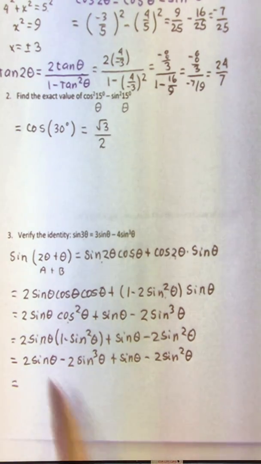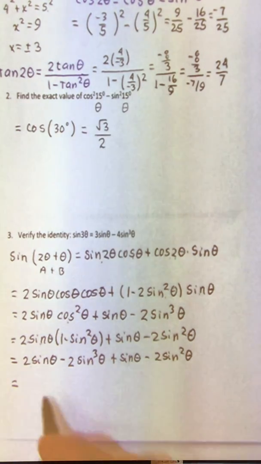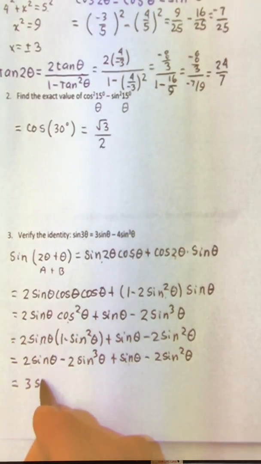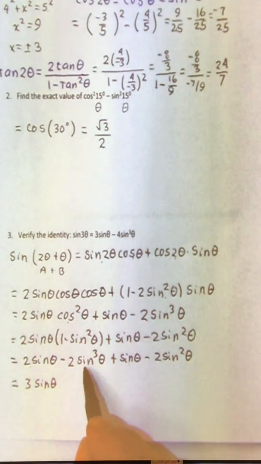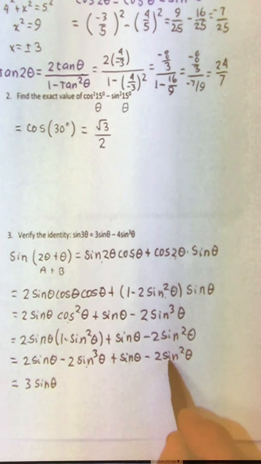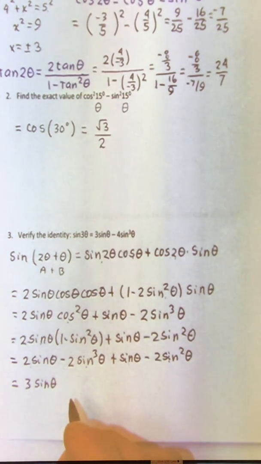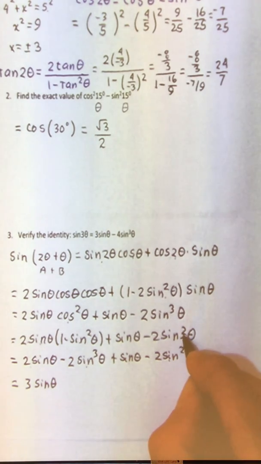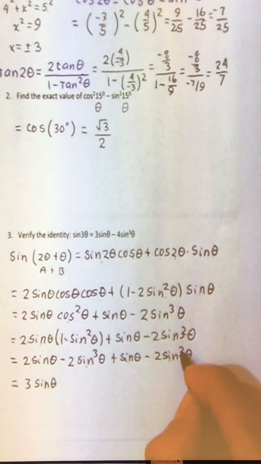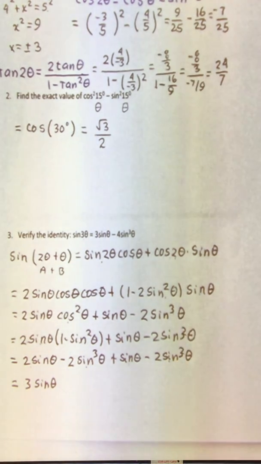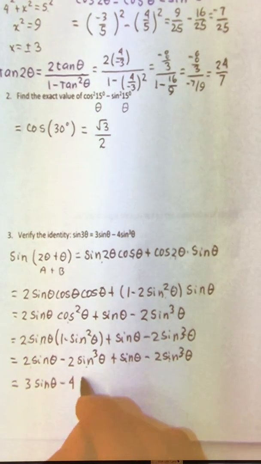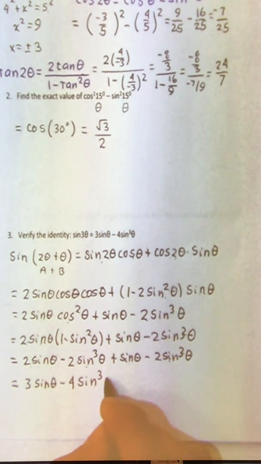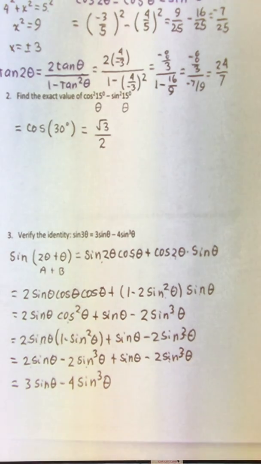And we have 2 sine theta plus another sine theta. That makes 3 of them. And we have negative 2 sine cubed and another negative 2 sine cubed. This is a 3, and this is a 3 from above. I miscopied that. And that makes 4 of the sine cubed thetas. And that's the right-hand side that we're asked to prove.